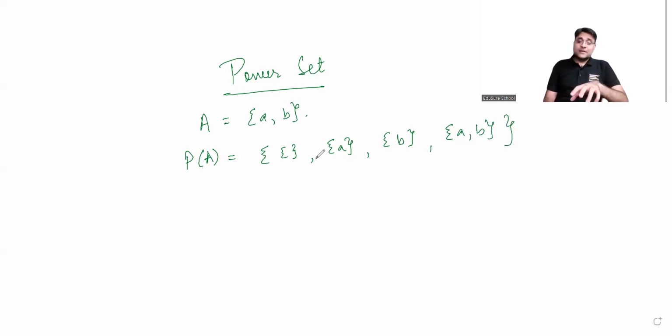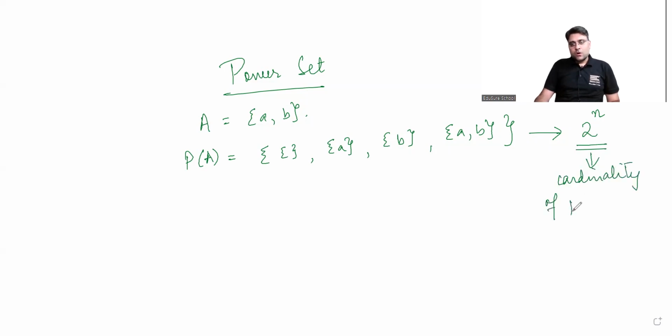So the set of all subsets of A will contain 2 to the power of the number of elements that are contained in A. So 2 to the power n will be the cardinality of the power set of a set A containing n elements.